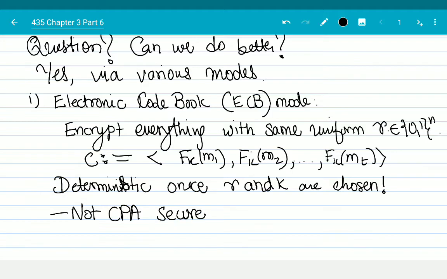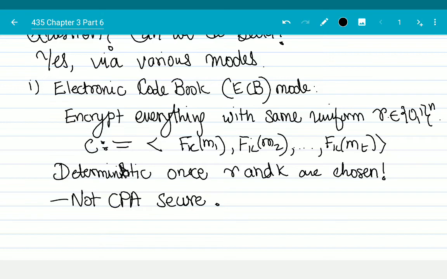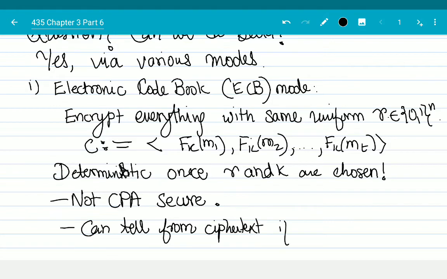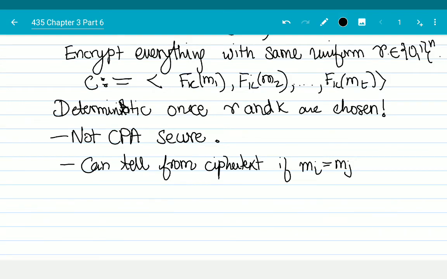In fact, if a message block is repeated, we can tell from the ciphertext that two blocks are repeated. We can tell if mi is equal to mj, which means it's not even EAV secure.